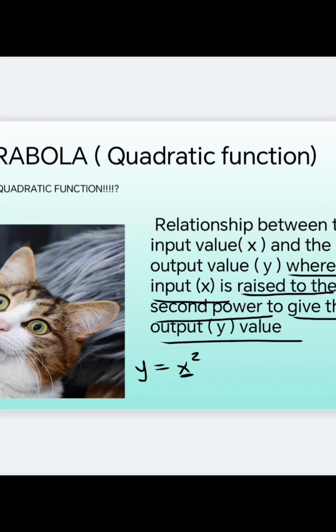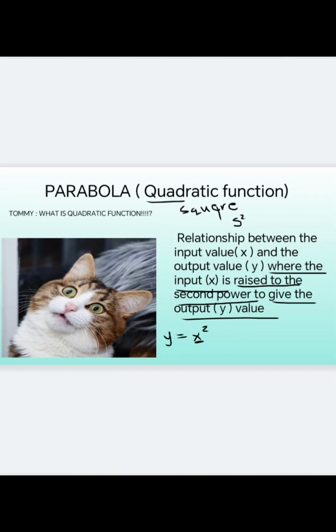What does quad mean? When you see a quad, it simply means a square. When we see a quad, we are talking about something like a square, because you see four corners or four sides. When you see four sides, the first thing that should come to your mind is a square, and a square is a power of 2. That is why we say this is x squared.